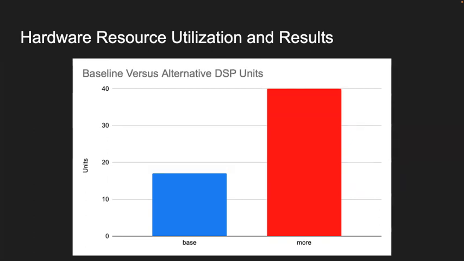In terms of the DSP units, we do see almost over a 2 times jump in the number of units used, but it's still not enough where we are seeing any issues with the total number of DSP units that the FPGA supports.